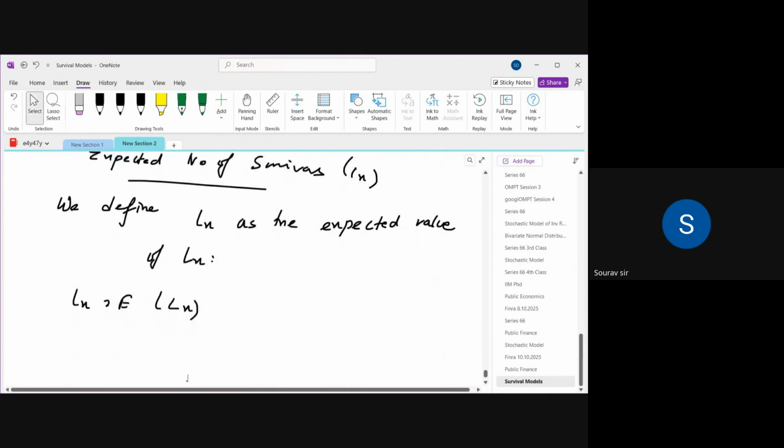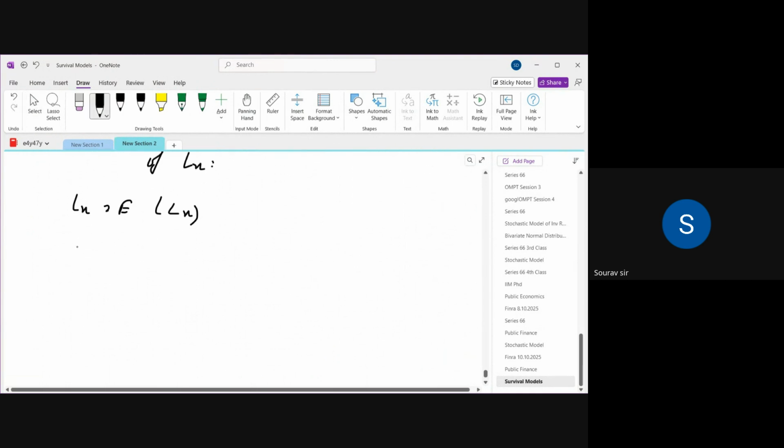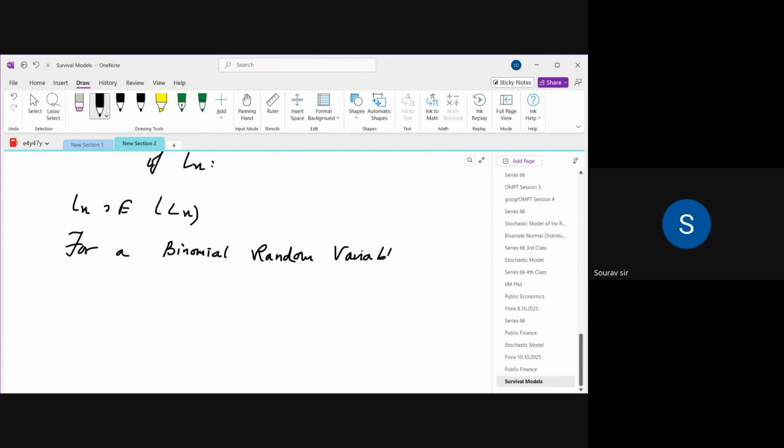For a binomial random variable, the expectation is n times p.